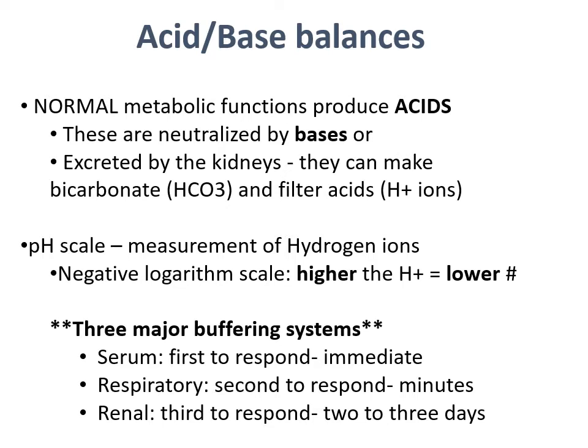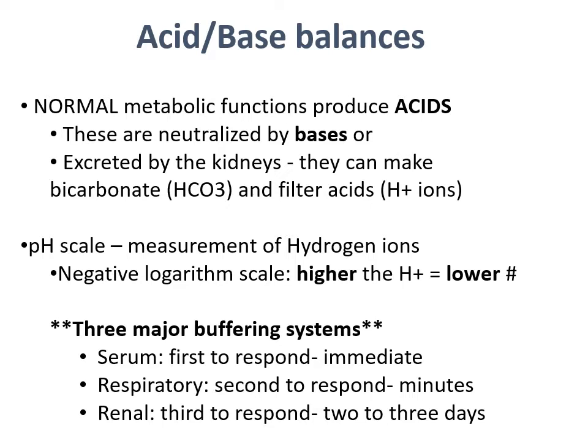And this is one of the tightest controlled parameters in the body, your pH, because as soon as you leave normal pH, processes in the body stop performing optimally. So the body has buffering systems to protect against changes in the pH.